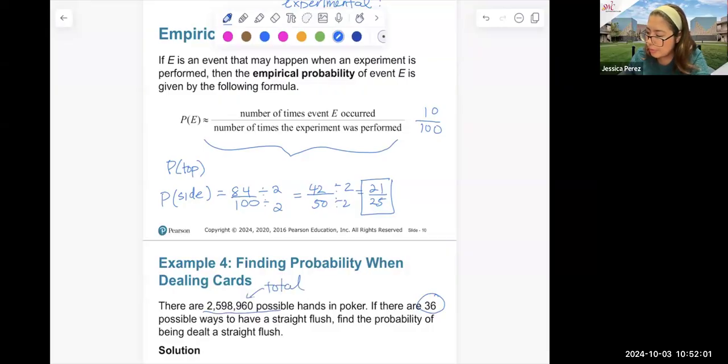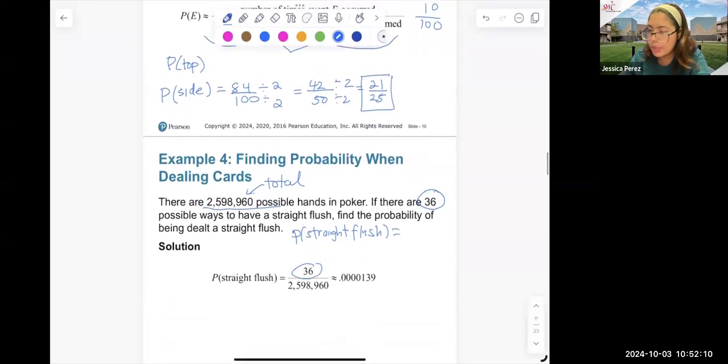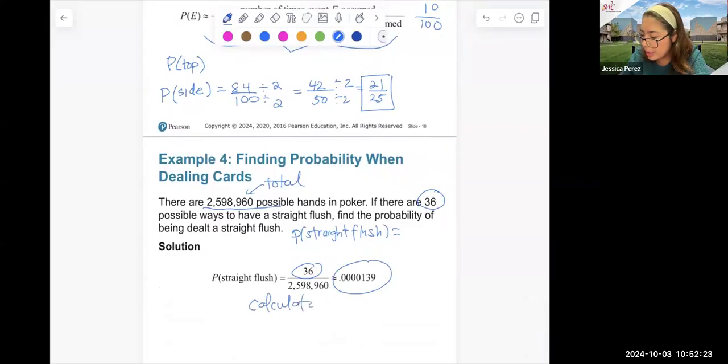So you're looking for the probability of a straight flush. It will be the number of successes or the number of times it occurred divided by the total amount, which is 2,598,960. You're gonna do this on your calculator when you plug it in. And it's gonna be very small. Look at the probability of this. Very small. The probability is very small.